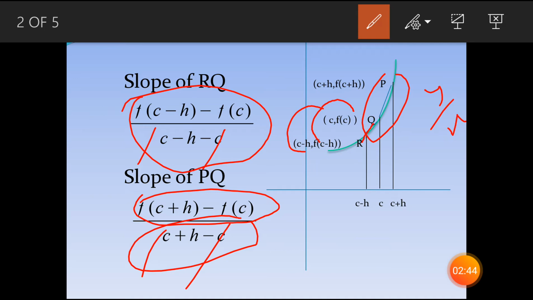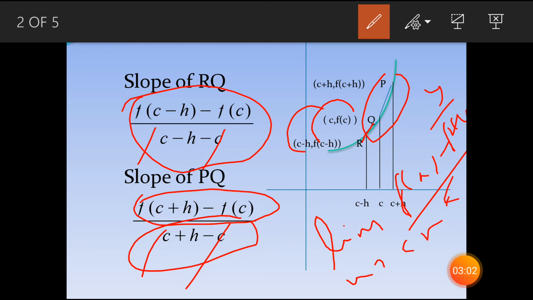Now the point is, in the last video when I discussed the definition with you, I told you that the limit exists finitely. We have used the term limit as x tends to c of (f(x) minus f(c)) upon (x minus c) exists finitely. So now you see what is happening: if we take the limit, it means h is a very small quantity that is tending to 0, h is almost 0.